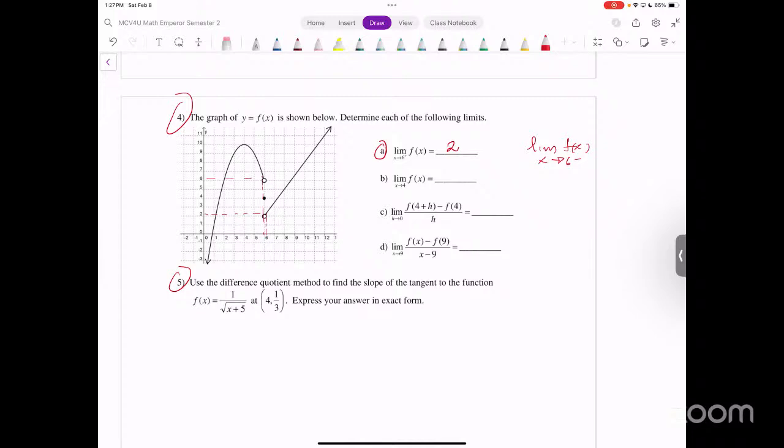All right, Varani, what is the limit as x approaches 4 of f of x? 10. Correct.